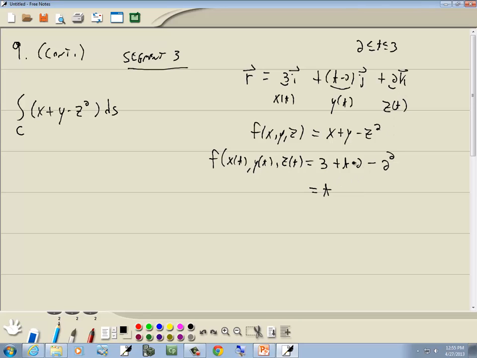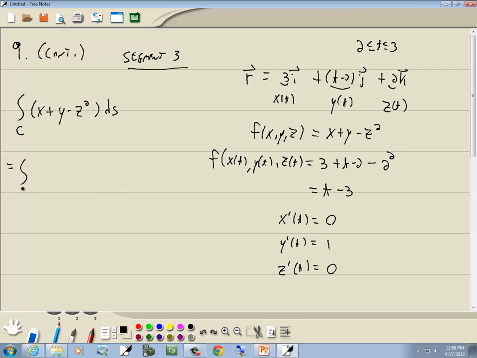So we got t, 3 minus 2 is 1, minus 4 is negative 3. Negative 3. Okay, so we need x prime. Derivative of 3 is 0. We need y prime. The derivative of t minus 2 is 1. And we need z prime. The derivative of 2 is 0.